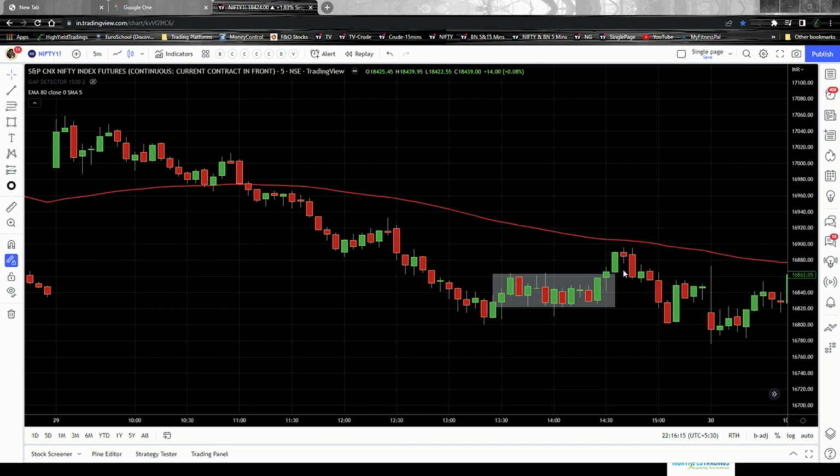You would have initiated a sell position and not a buy position, right? So if you would have been someone who would have used the 80 EMA, you would have actually initiated a sell position at this point, after the closure of this red candle, because this red candle clearly tells you that Nifty is facing a resistance because of this 80 EMA.